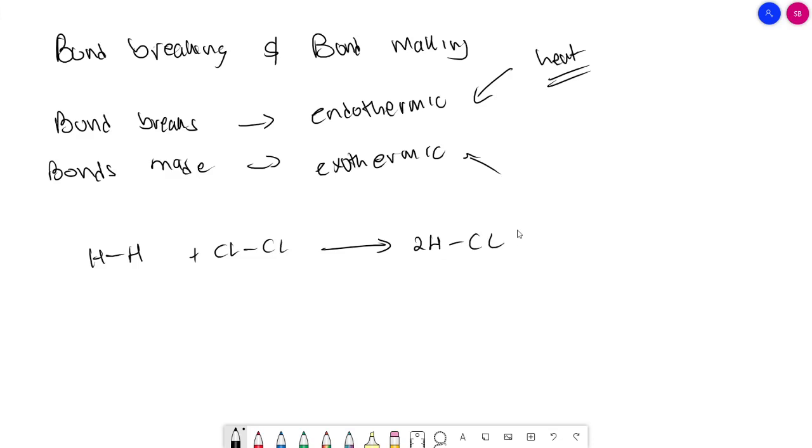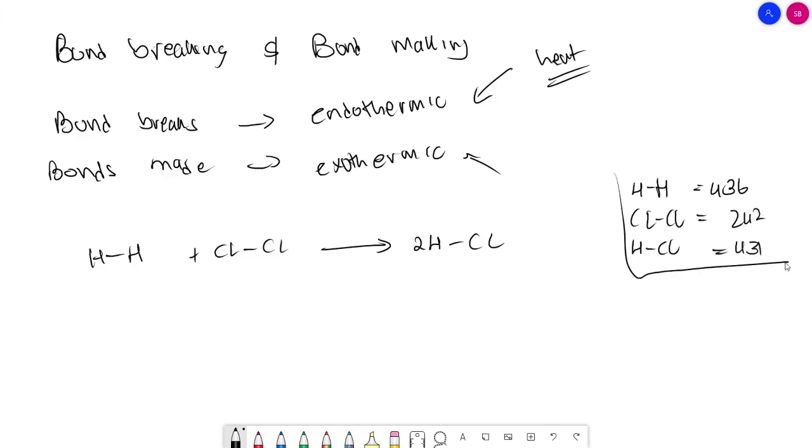We know this. So this is, for example, the equation they can give you. And then in the question, they say H-H is basically 436, then Cl-Cl is basically 242, and then of course HCl is 431.